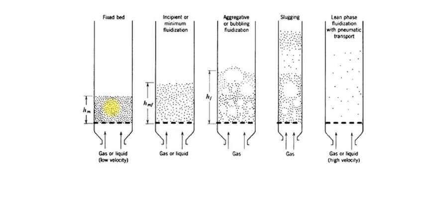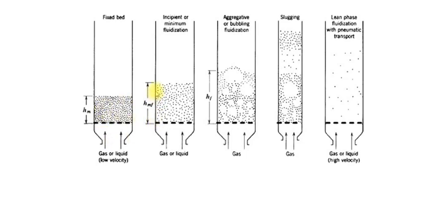Now suppose you start to increase the velocity. When you increase the velocity, the buoyancy force also increases. Slowly you will get a point where the buoyancy force overcomes the gravity force of the bed, the gravity of the mass of the particles.